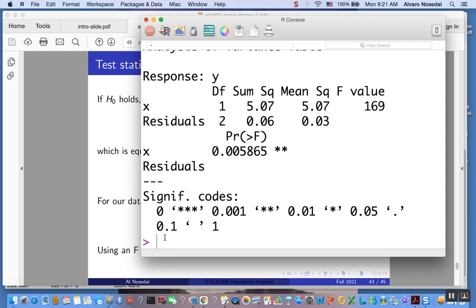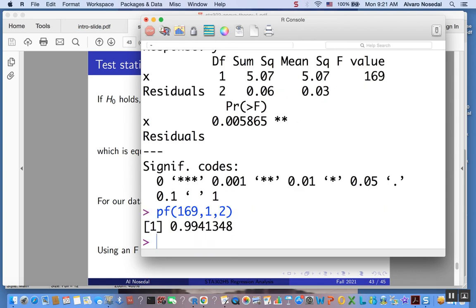So in this case, the area to the left of 169 in an F distribution with 1 degree of freedom in the numerator and 1 degree of freedom in the denominator, that would be this.